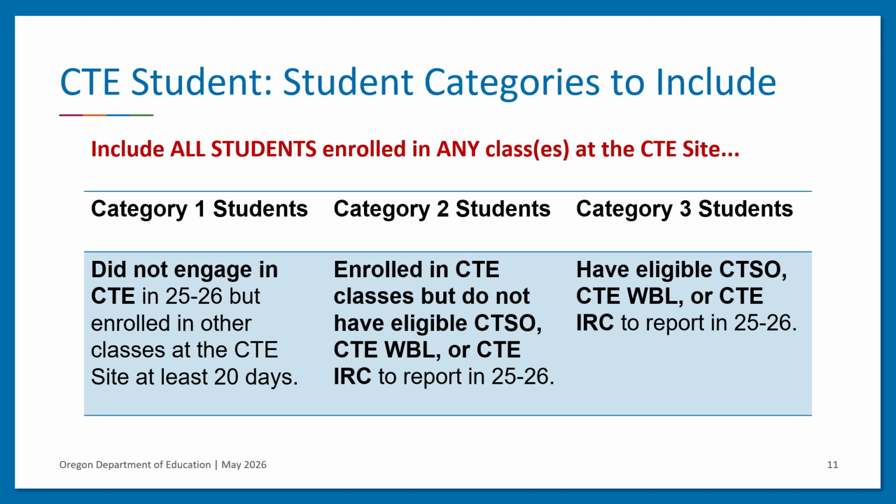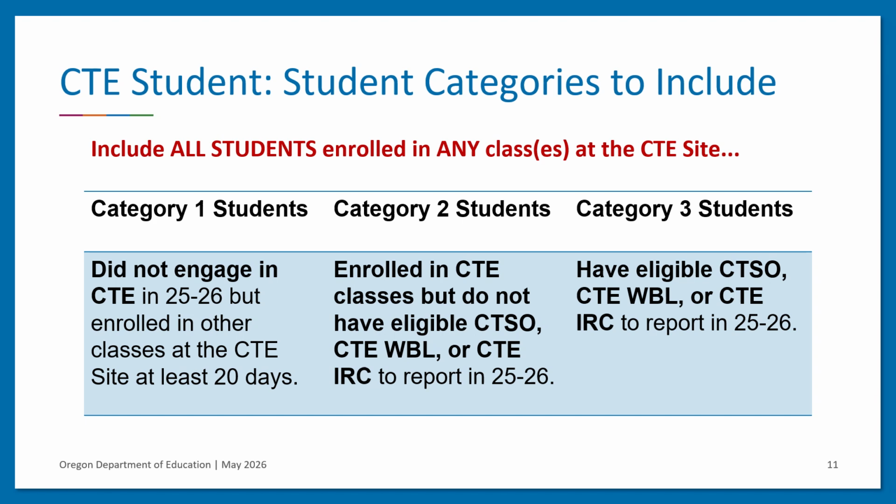Category 1 students were enrolled in any type of class at the CTE site for at least 20 days, but did not engage in a CTE class or other CTE activity. Category 2 students were enrolled in a CTE class at the CTE site for at least 20 days in the collection year, but they do not have any eligible CTSO, CTE work-based learning, or CTE IRC outcomes to report for the year.